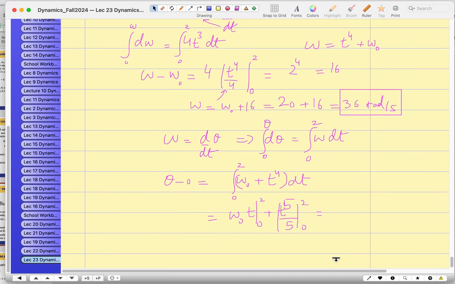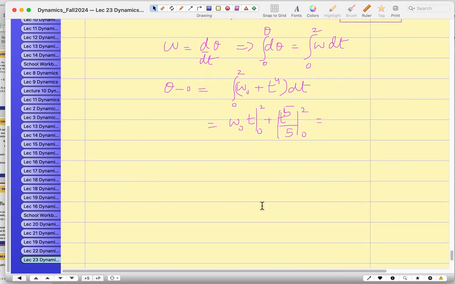If you do the work here, omega naught is given, which is 20, times 2, plus 2 to the 5 divided by 5. You should get 46.4. Let me double check this. 2 to the 5, 6.4 plus 40, this is 46.4.